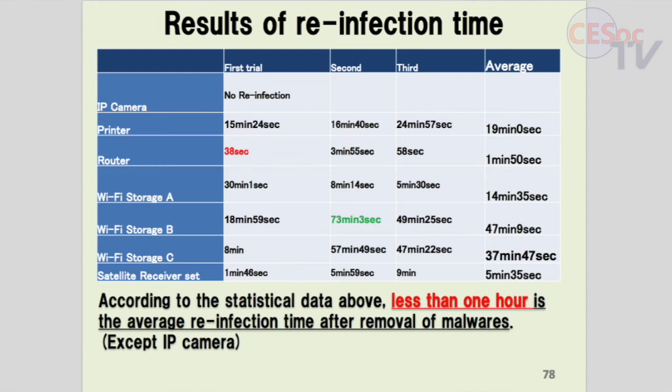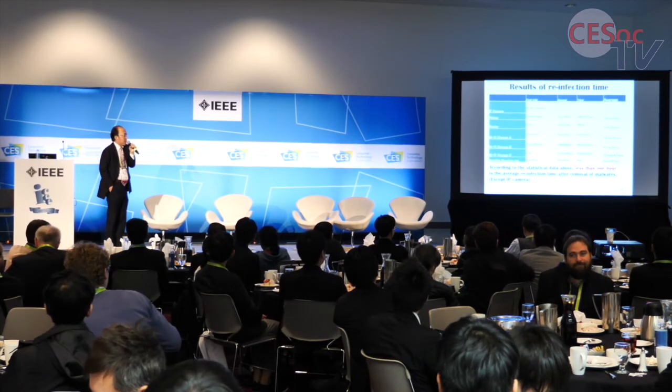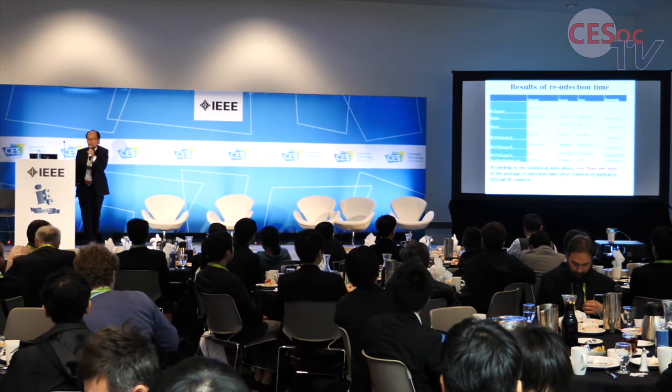It's very, very surprising. So if you power off or reboot IoT devices and then power on or boot them again, maybe after 1 hour your IoT devices may be reinfected by malware. It's very, very serious.